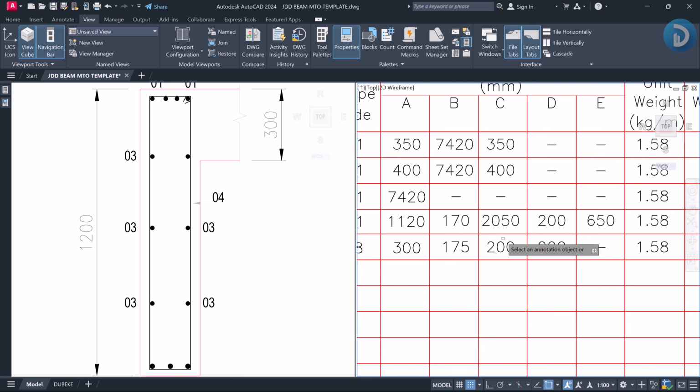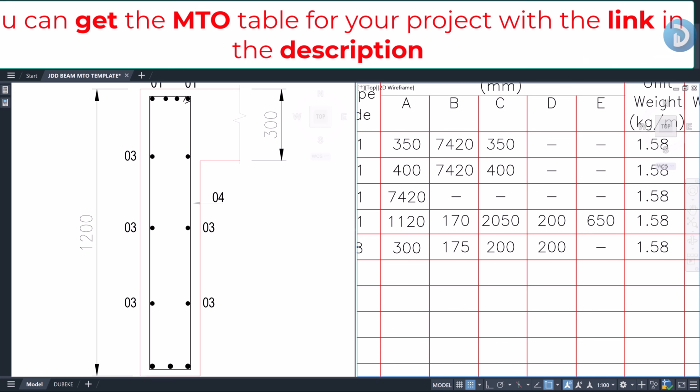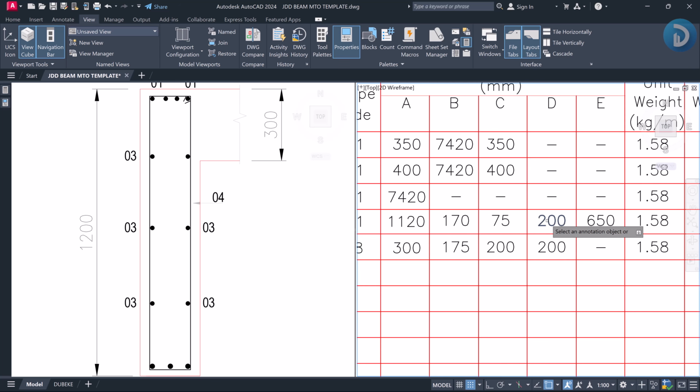It all depends on the diameter of your reinforcement. But we're taking this as 75 millimeter. Let's edit this to 75 millimeter, and let's also take this to 75 millimeter. This is not required, we do not have this, so this becomes dash.